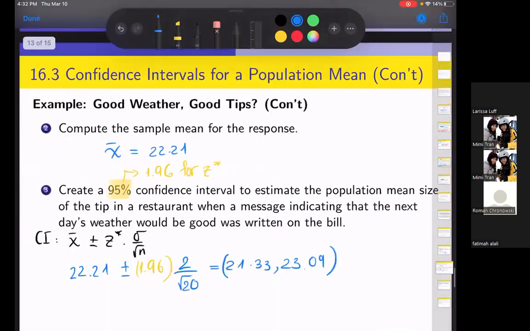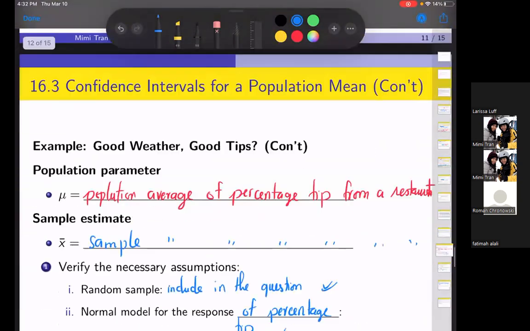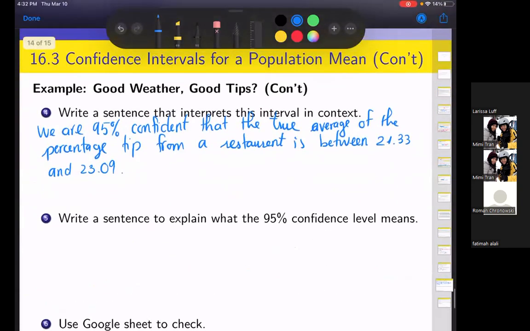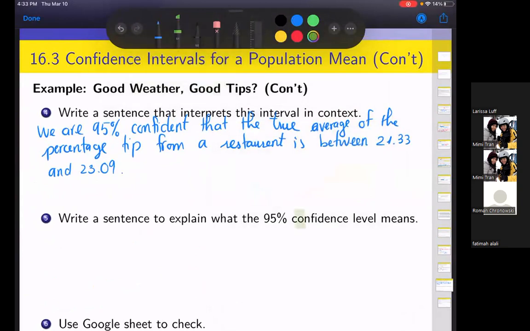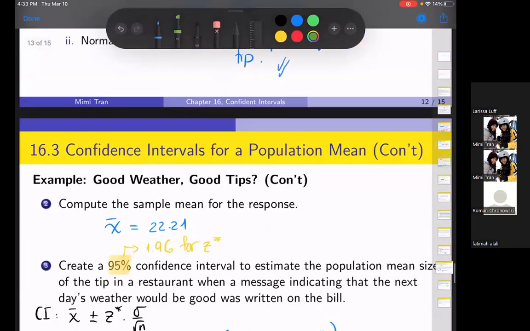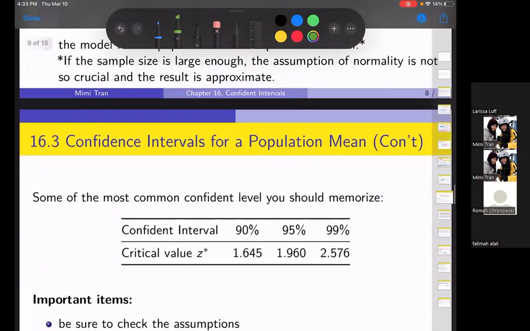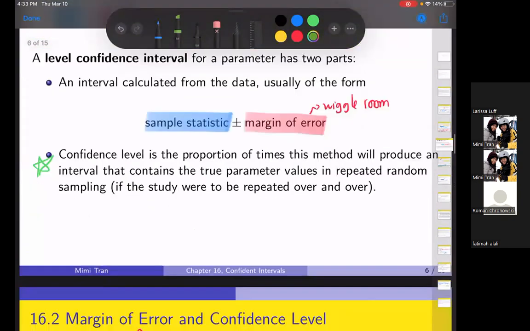Now, confidence level. Let me go back up here. I said that I'm going to come back to the confidence level. Confidence level is not the same thing as confidence interval. Confidence level means the proportion of times this method will produce an interval that contains the true parameter value.